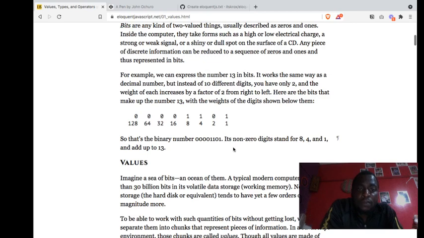So that's the binary number 00001101. Its non-zero digits stand for 8, 4, and 1, that add up to 13. Oh, I get it. So this is 1 plus 4, 5, 5 plus 8, that's 13.